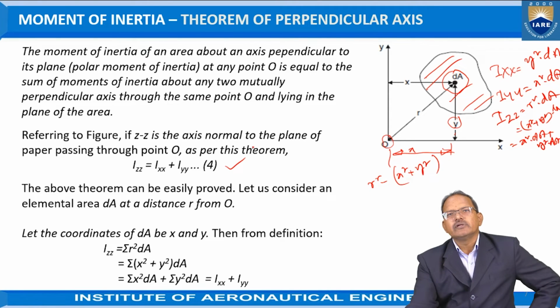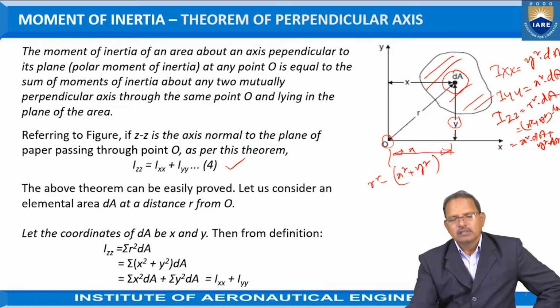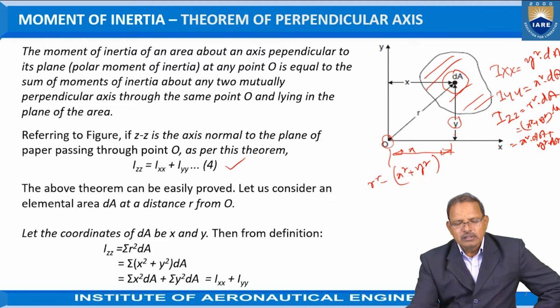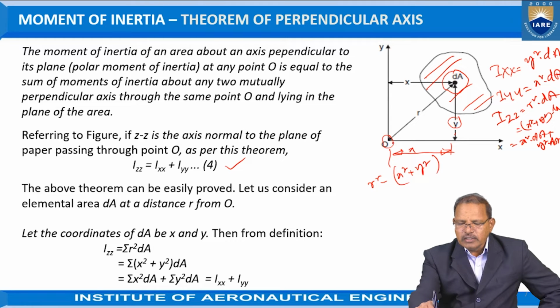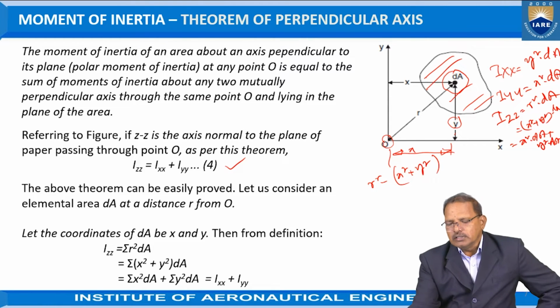Now, by using these equations, we can define the theorem of perpendicular axis applicable to moment of inertia: the moment of inertia of an area about an axis perpendicular to its plane, that is, we are taking the z-axis, Iz, is called the polar moment of inertia.